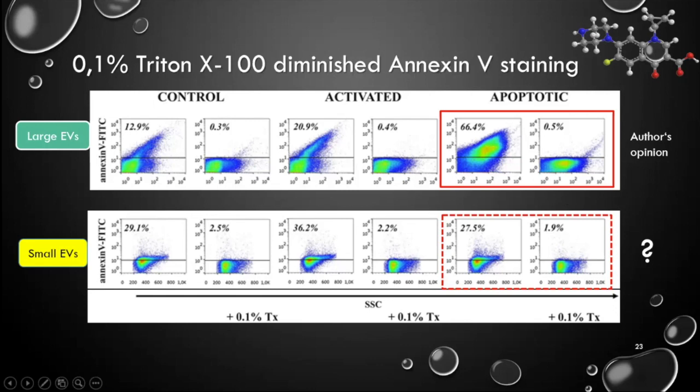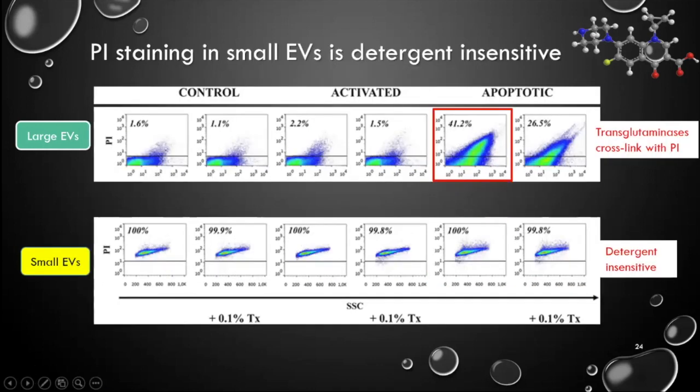However, under the Triton X-100 treatment, there was a significant reduction in the annexin V positive events in both cases.